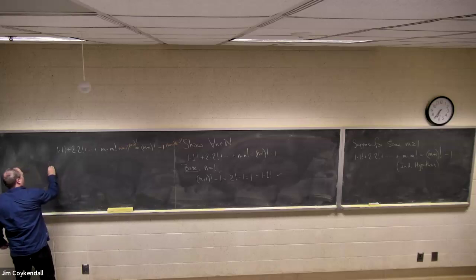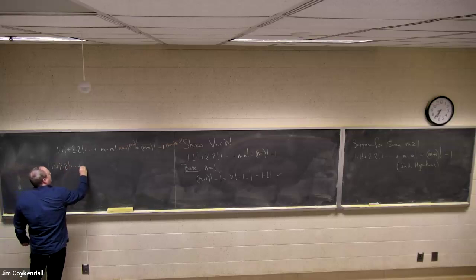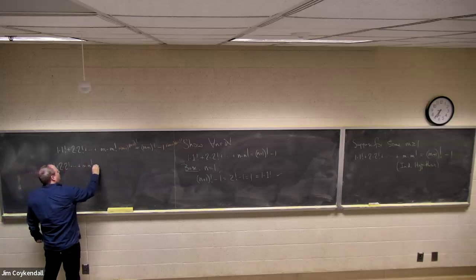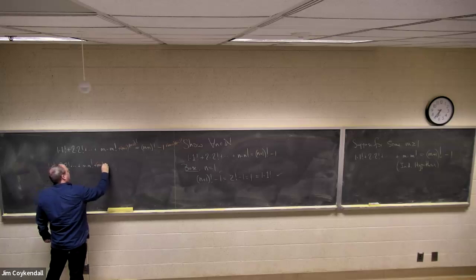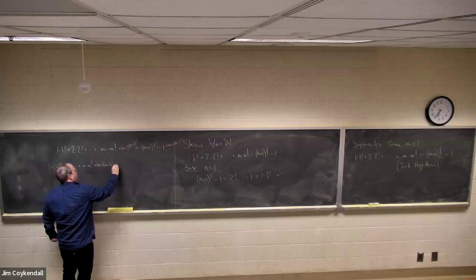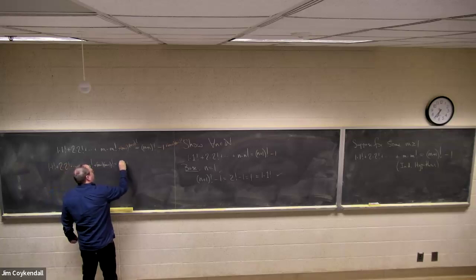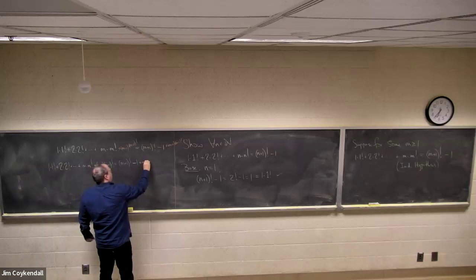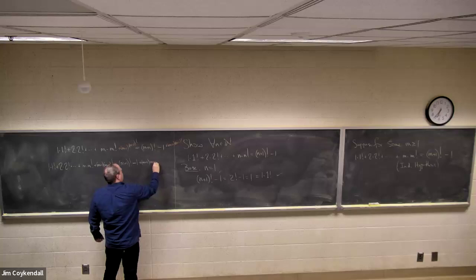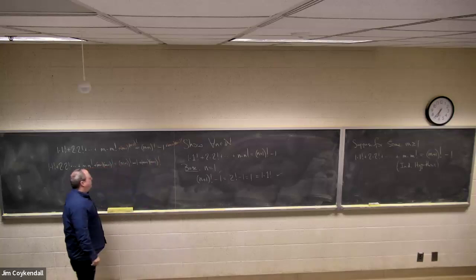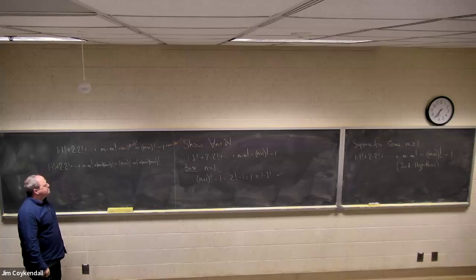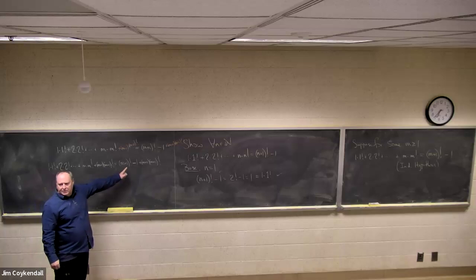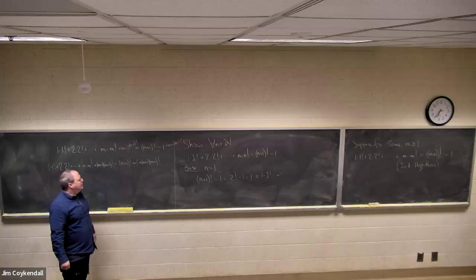So what I now have is 1 times 1 factorial plus 2 times 2 factorial plus ... plus m times m factorial is equal to (m plus 1) factorial minus 1 plus this new term. This looks good, but this needs some massage. Anybody see what we might do?